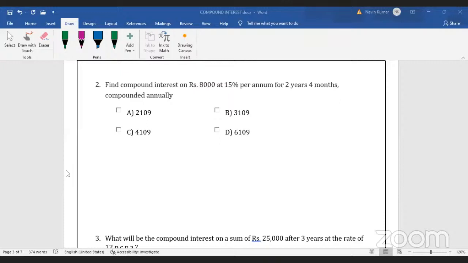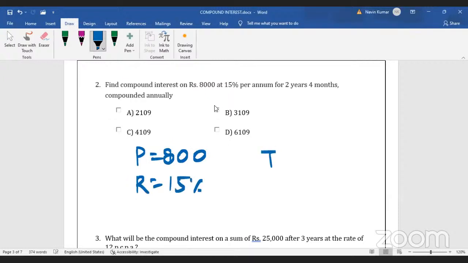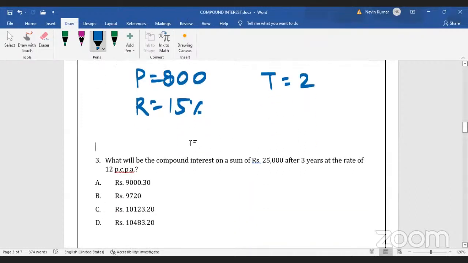So for 2 years, it's compounded annually. So we are not going to change anything. Principal will be 8,000. Rate will be 15% and time will be 2 years. Okay. Now we are going to find compound interest for this.